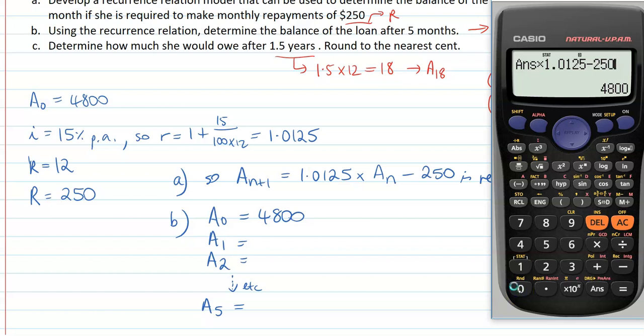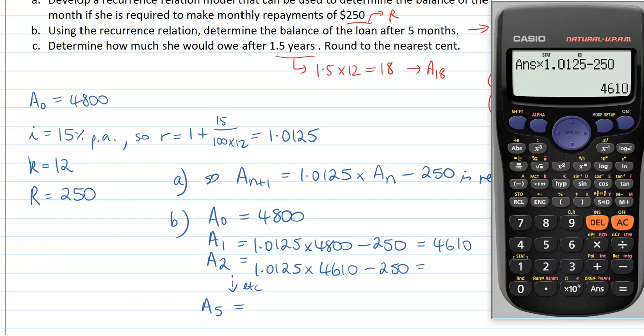So all you have to do is press equals for each recursion. So our first recursion after 1 month will give a balance of $4,610.